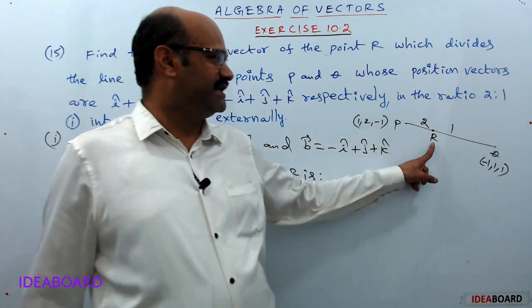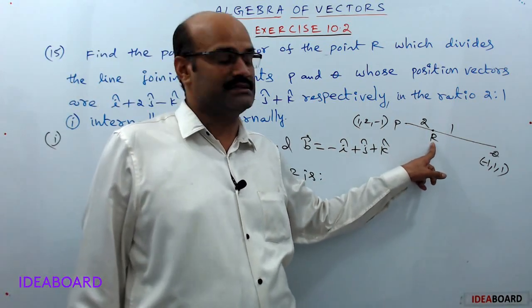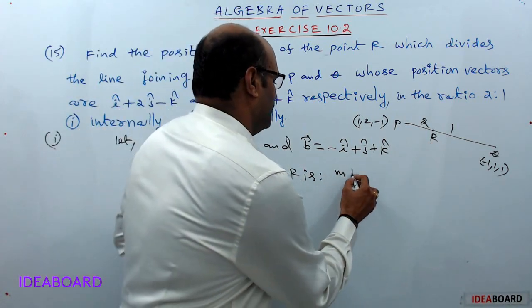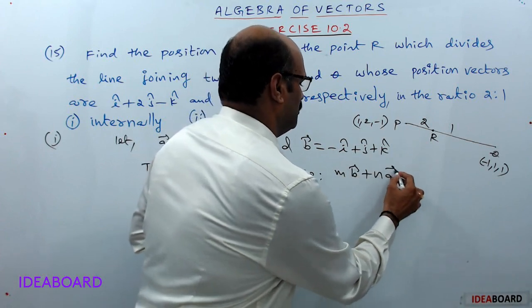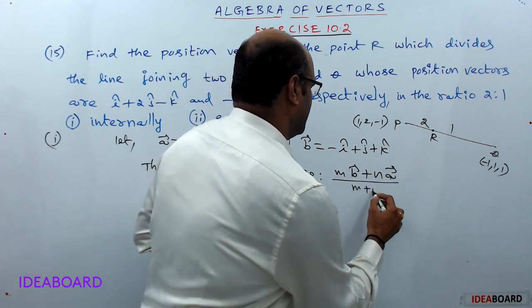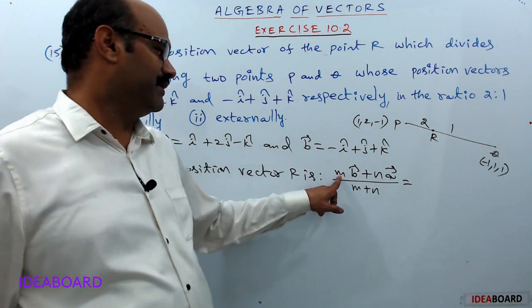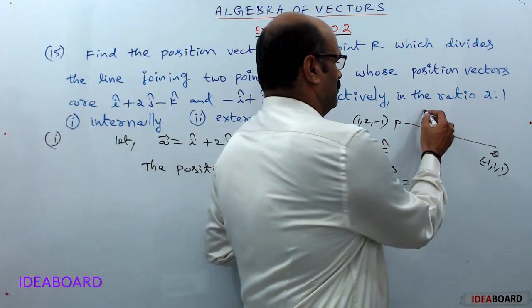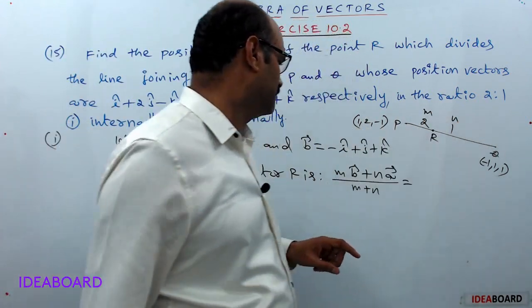Since R divides internally, the formula is m into b vector plus n into a vector upon m plus n. Here m equals 2, n equals 1.